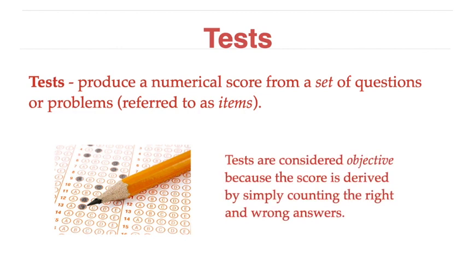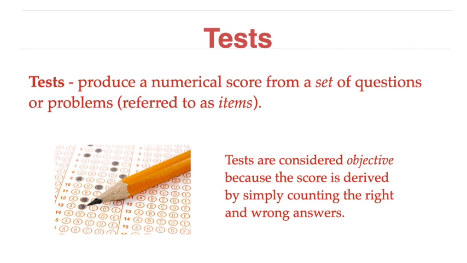Tests produce a numerical score from a set of questions called items. Tests are considered objective because the score is derived by simply counting the right and wrong answers. That is, the teacher only judges the answers as correct or incorrect. He or she does not need to judge the overall quality of the answer. Fairness is highly valued in Japanese culture.